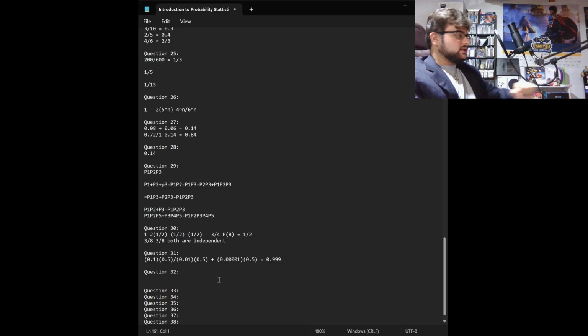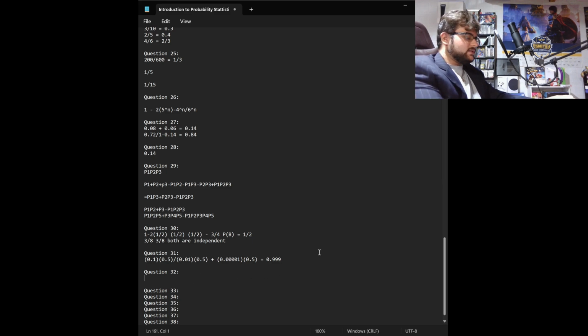So I'm just going to write this out as this. If you want PA, the probability of A, you go P1, P4, plus P2, P5, minus P1, P4, P2, P5, and you limit it to P3 equals 0.